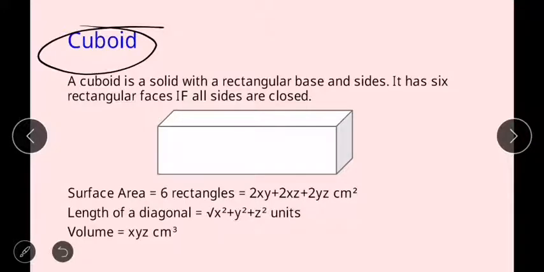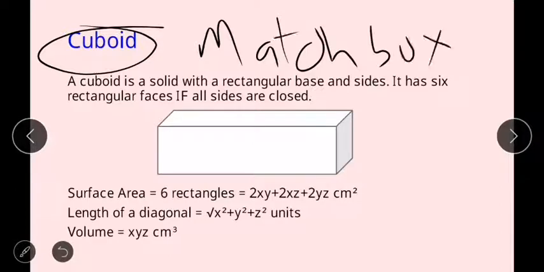Thank you. A matchbox. A matchbox has the shape of a cuboid. If you study your matchbox very well, you would know that it has 6 rectangular faces. Are we together?